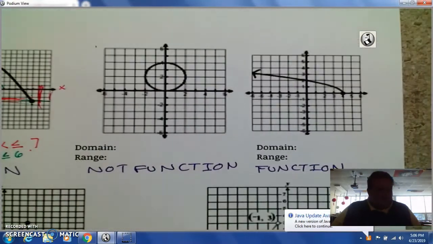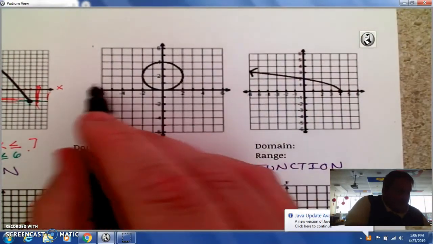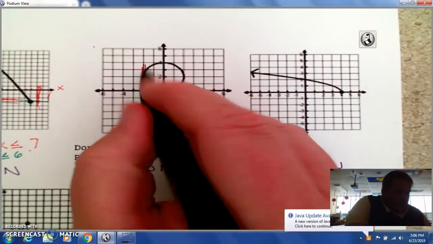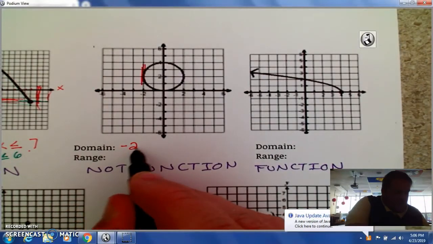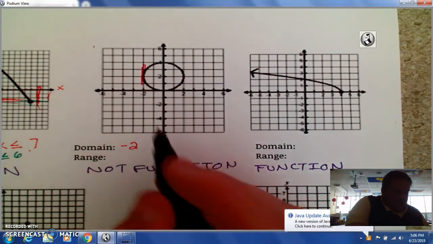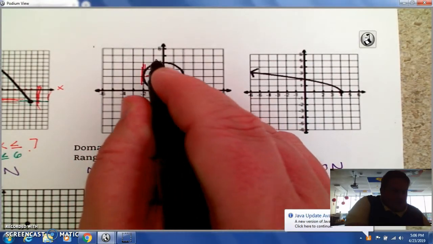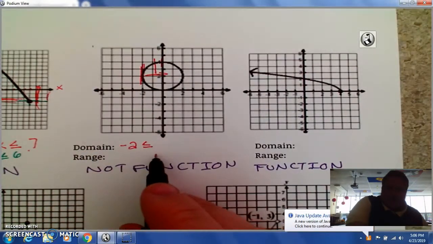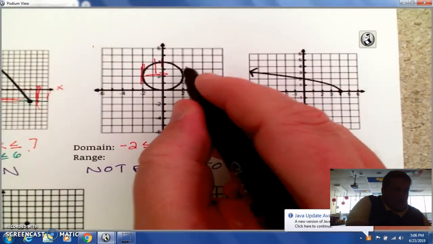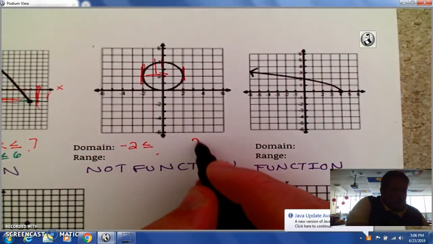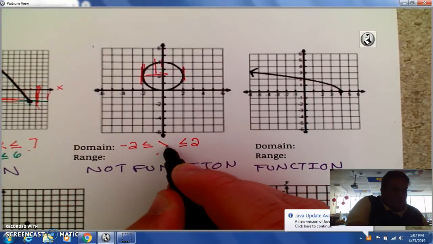Let's go ahead and look at this circle. Okay? Our domain, so we're going left to right. The first number we encounter is negative 2. It includes it because it's not an open circle. But it's greater than negative 2 because negative 1, 0, all those are bigger than negative 2. And it goes up to 2. That's our last number, but not past it.